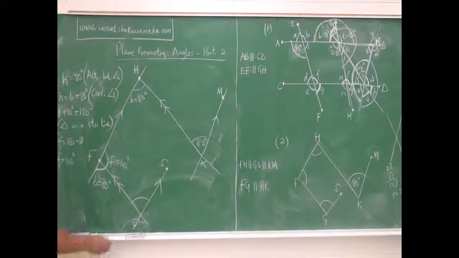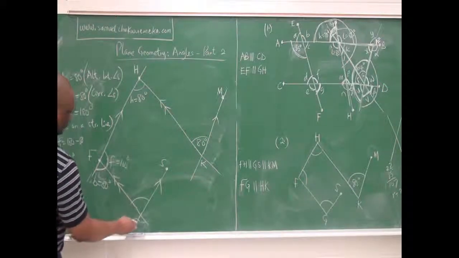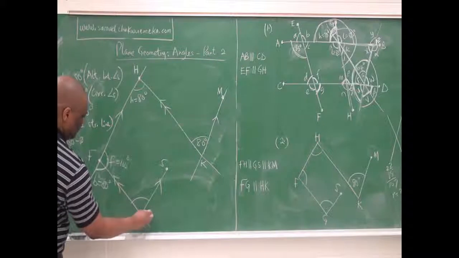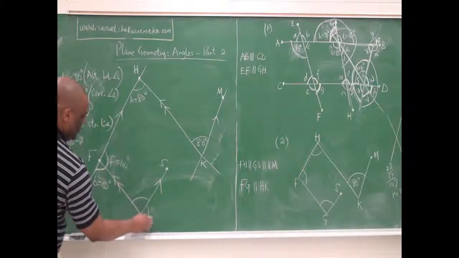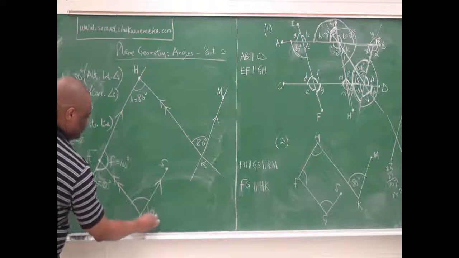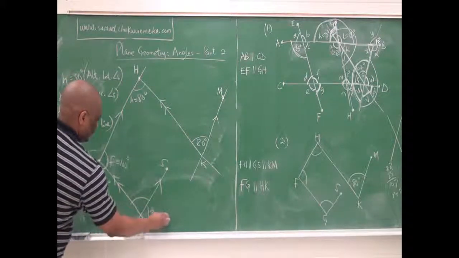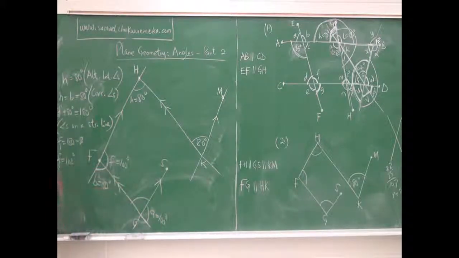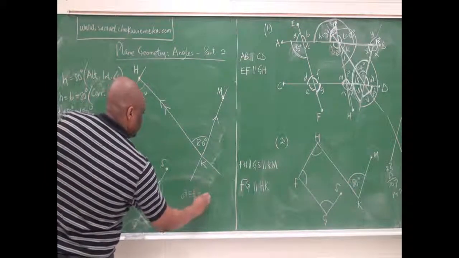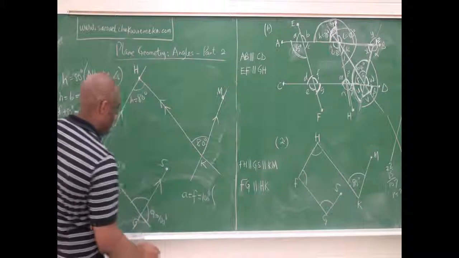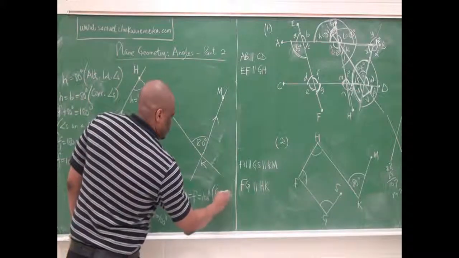And then the same thing applies here anyway. Okay? This is 100 degrees. You can call this small A. A is 100 degrees. A is equal to F, which is equal to 100 degrees. Reason: corresponding angles.